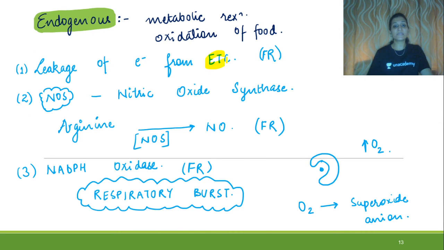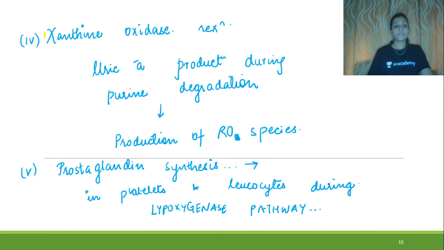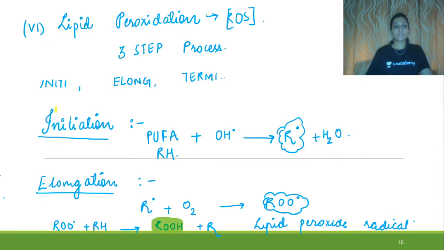The first one is leakage from the electron transport chain, then action of nitric oxide synthase, then NADPH oxidase, or the reaction of NADPH oxidase in killing of bacteria by macrophages, then xanthine oxidase, then prostaglandin synthesis, then lipid peroxidation, for which we have even seen the whole reaction.